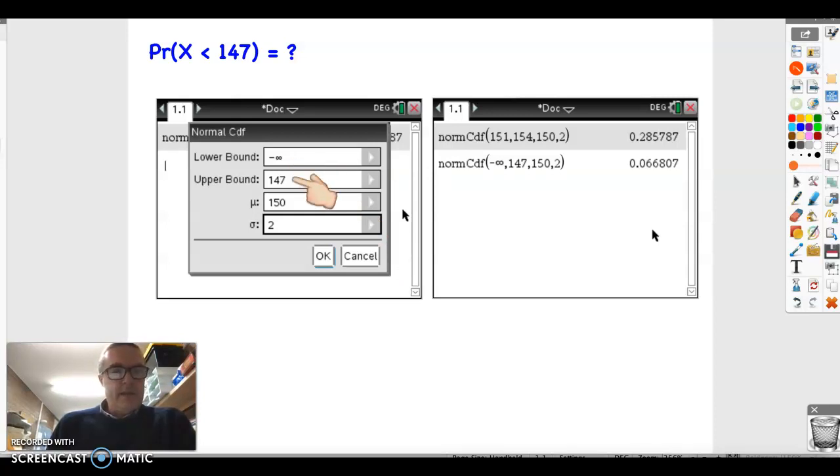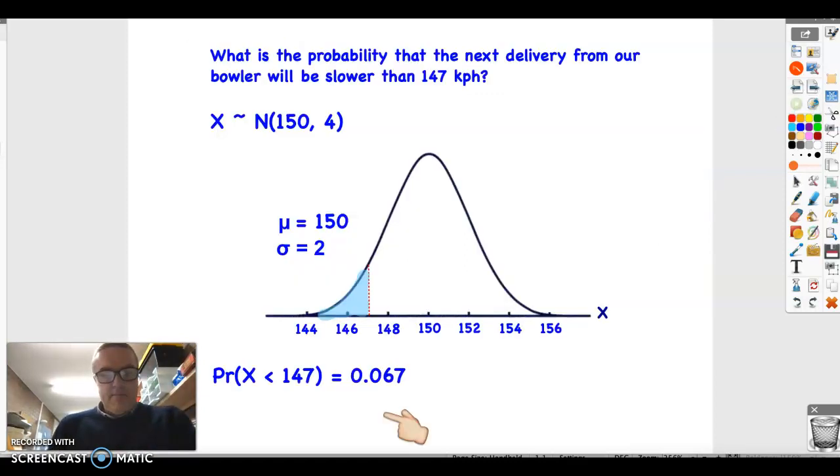Our upper bound is 147, and our mean and our standard deviation are the same as before. And we can see our output now. It's something like the area that we saw, so we saw a small area in our sketch. That probability that x is slower than 147 kilometers per hour is 6.7%, or 0.067.